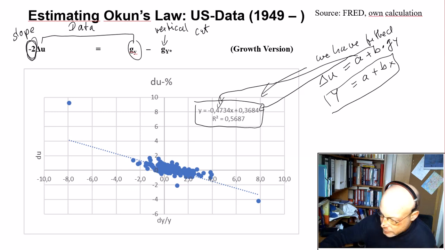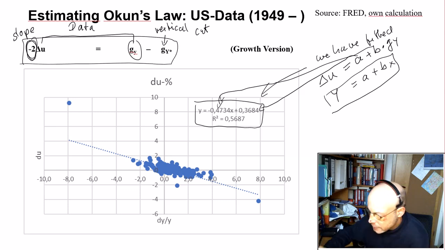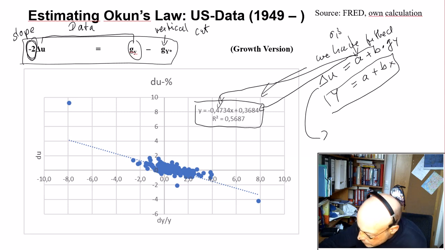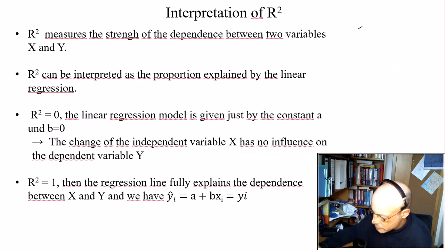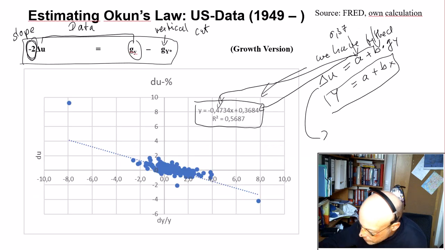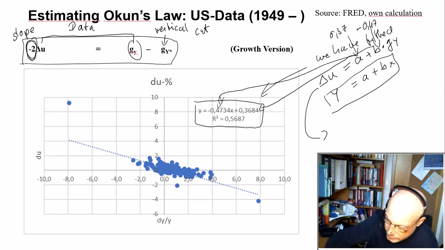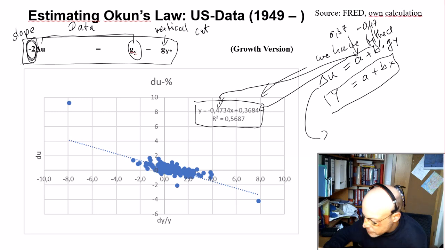And then, of course, in order to get to this expression, we have to rewrite this, since we know now this is 0.37 and this is minus 0.47. In order, what is it compared to this -2?